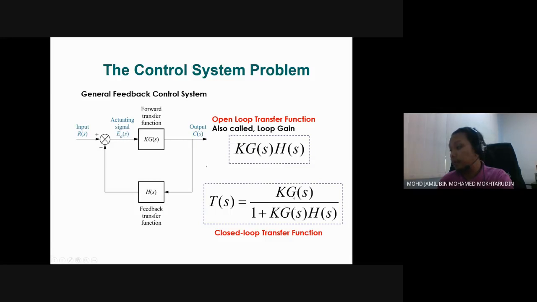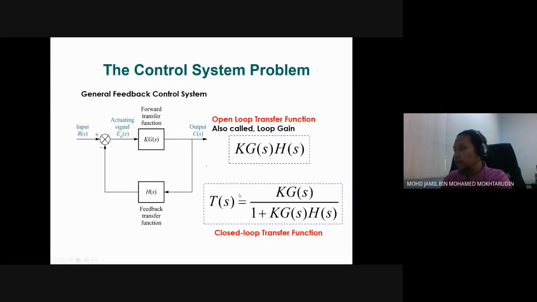You use the feedback formula, kg divided by 1 plus k times g times h. This is the formula for feedback, and the term kg here is the forward or open loop transfer function.